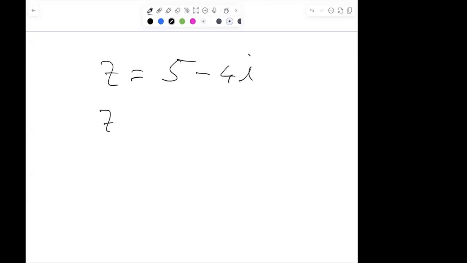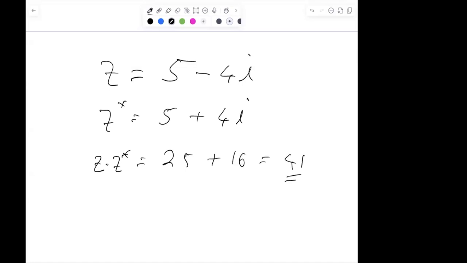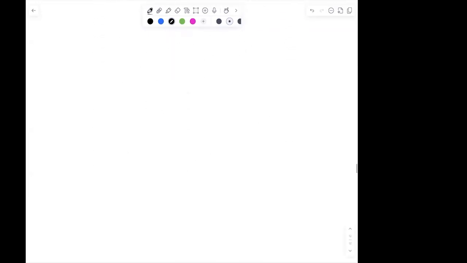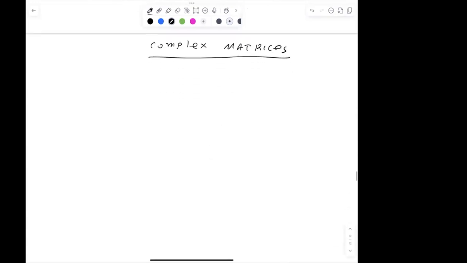Then Z conjugate will be 5 plus 4i. And Z times Z conjugate will be 25 plus 16, which is 41. Okay, any questions? That's really, really simple. Let's move towards more interesting things.